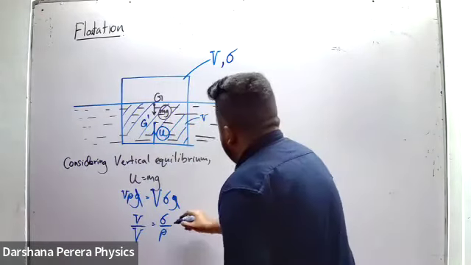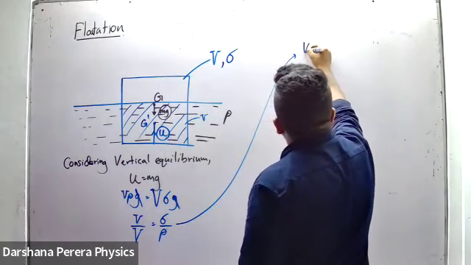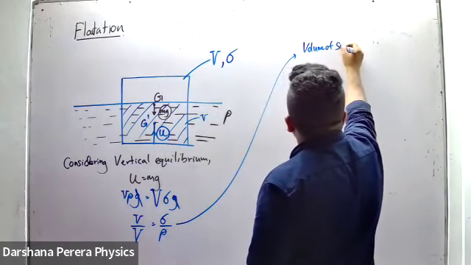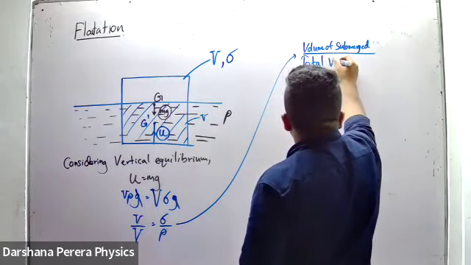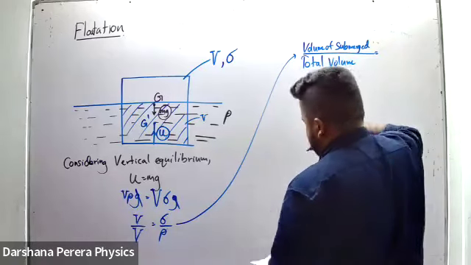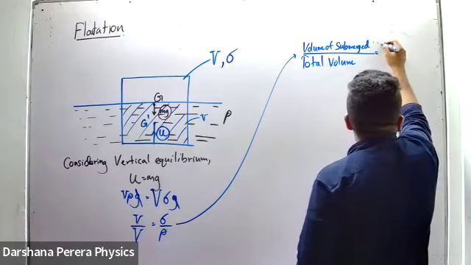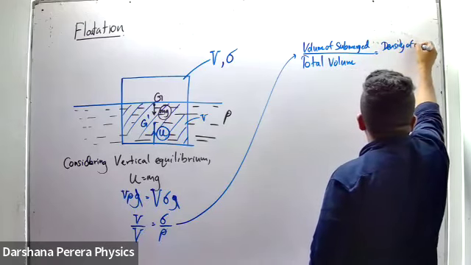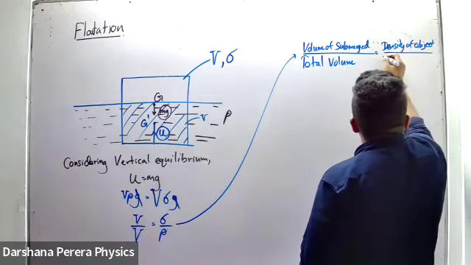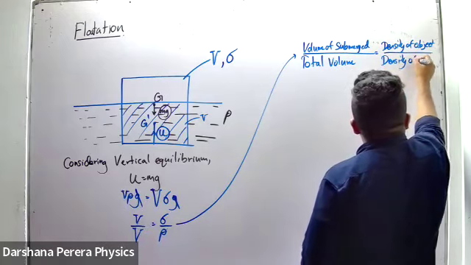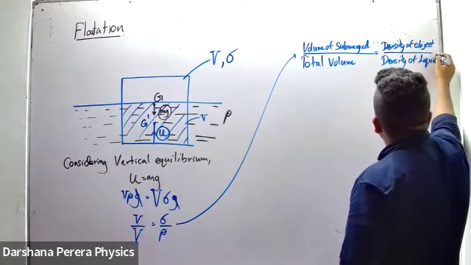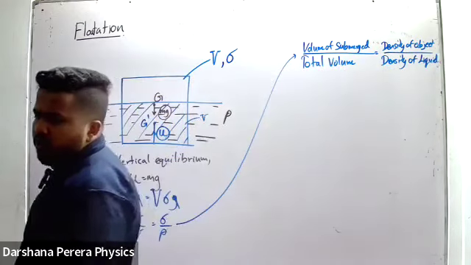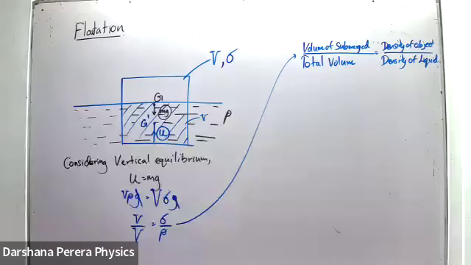So volume of submerged over total volume equals density of the object over density of liquid.